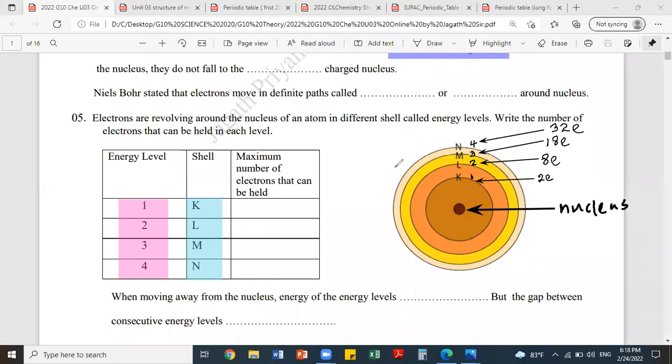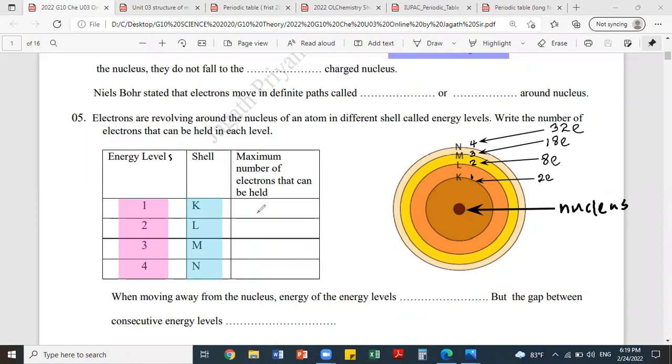Any atom, whether it is a hydrogen atom or lithium, beryllium, any atom, like planets have different orbits around the sun, in an atom there are different levels or shells where the electrons are revolving. Around the nucleus, the first energy level has the lowest energy, and it can accommodate maximum 2 electrons.